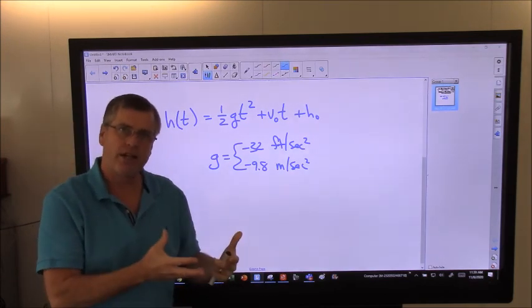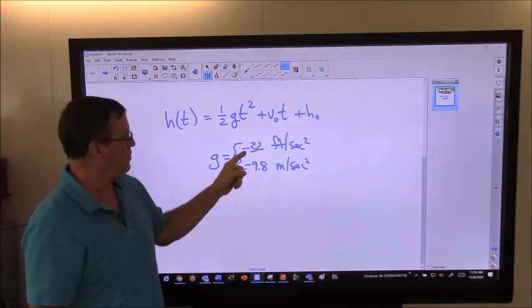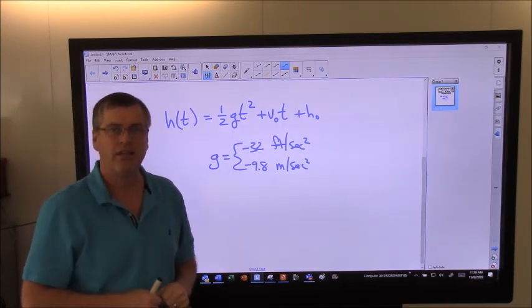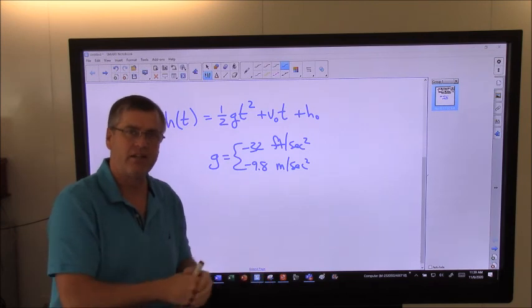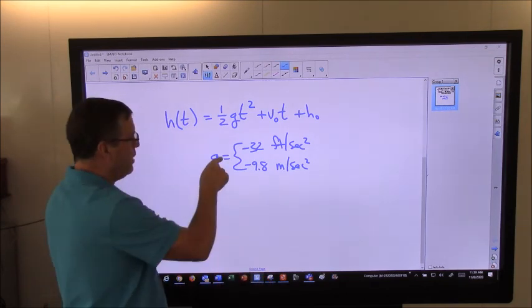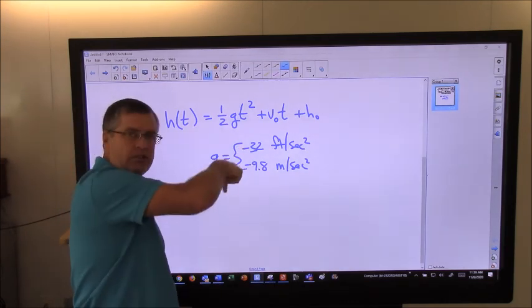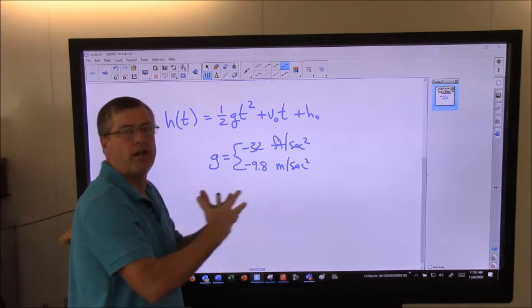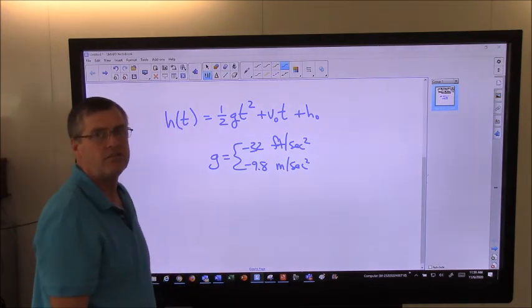So after 1 second, it should be falling at a rate of 32 feet per second, downward, okay? And then after the second second, it's now falling at 64 feet per second, because the rate at which it falls will increase in the downward direction by 32 feet per second for every second it falls.